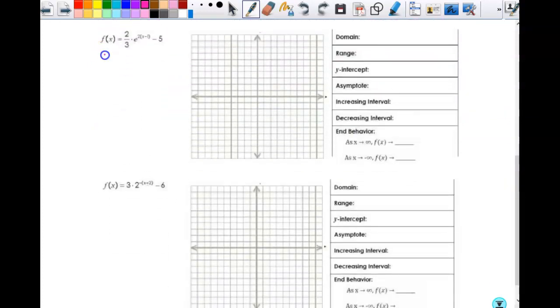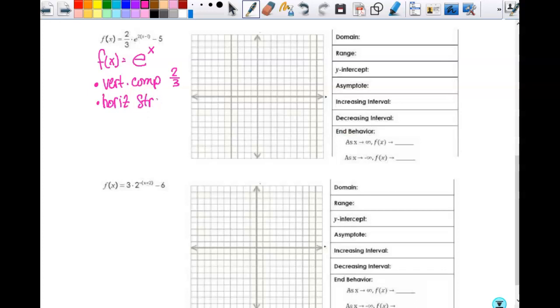So my parent function is f of x equals e to the x power. I have a vertical compression of 2/3. I have, it's a 2, so I have a horizontal stretch.